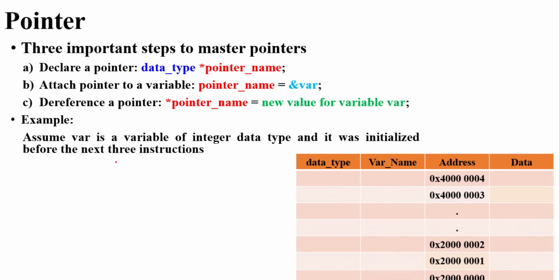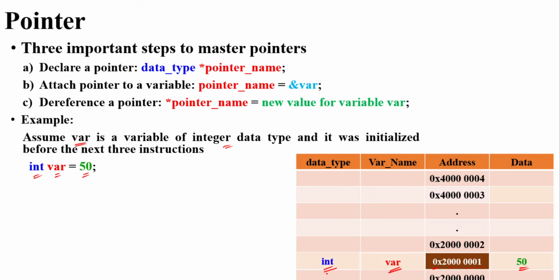Let us take an example. Assume var is a variable of integer data type and it was initialized before the next three instructions. So let us declare a variable, int var = 50. The data type is int, the variable name is var, the address of that variable var is 0x2000001, and the data inside that variable is 50.